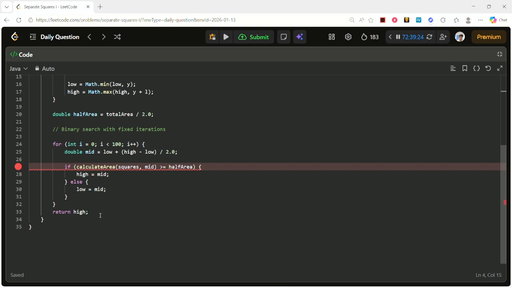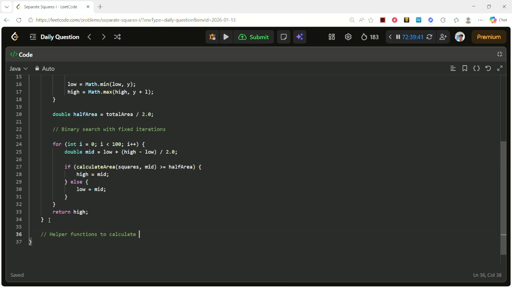We use a helper method to calculate the area.